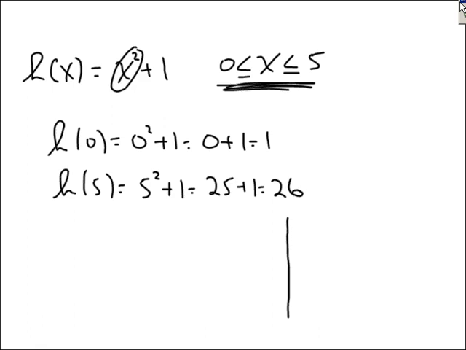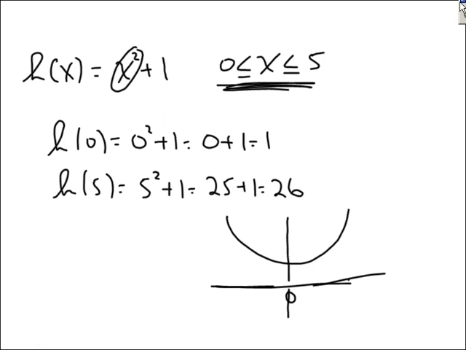Now, you really should know what x squared looks like. It goes like this. But you only want to keep the portion between 0, that is x squared. And when I add 1 to it, every point goes 1 higher.